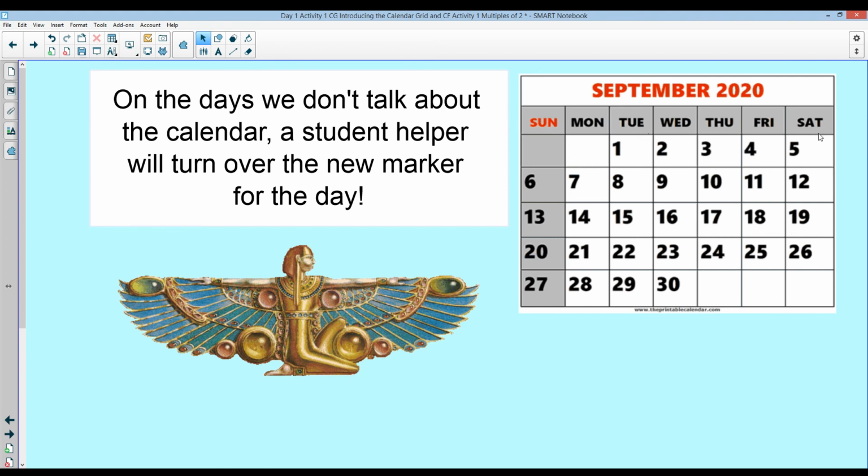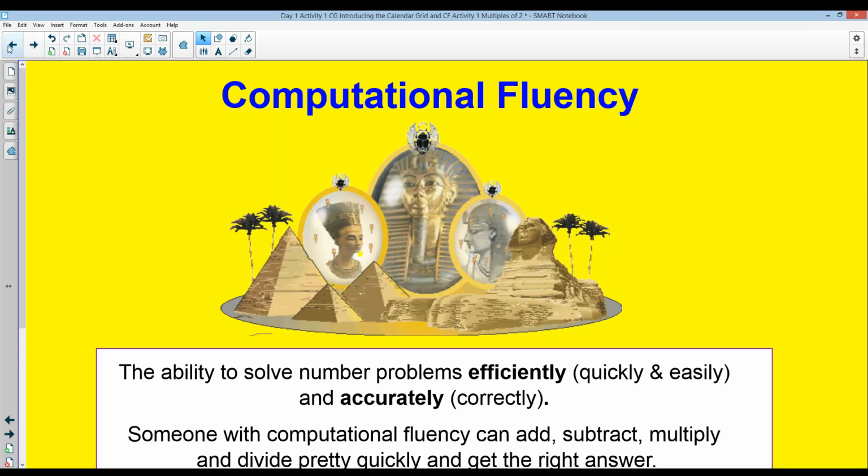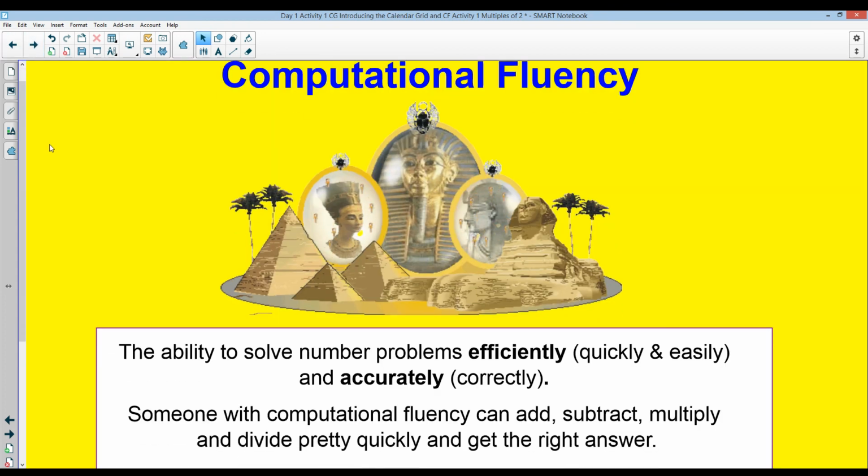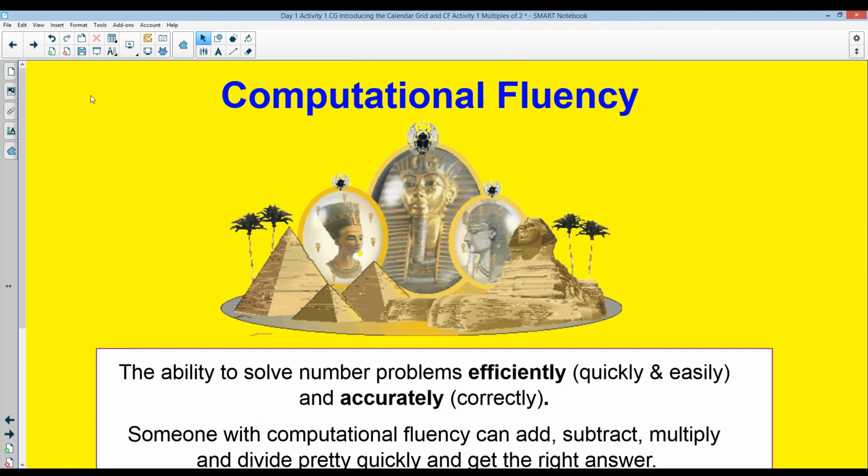There's always a hidden pattern on these, and you've been doing these for a couple of years, so you know there's a hidden pattern. We're going to look at those patterns as well. Another thing we're going to do is look at some of our computational fluency, which means how quickly we can accurately do some numbers in our head. We're going to work on some of those this month in September.